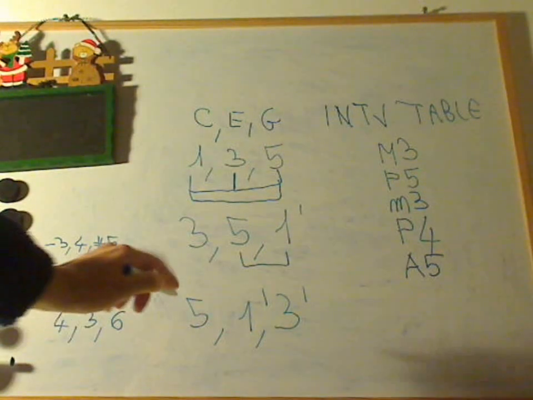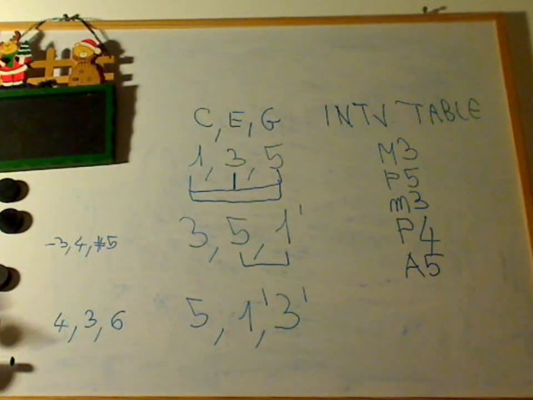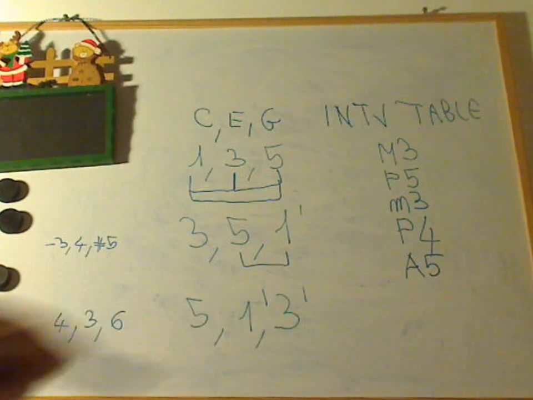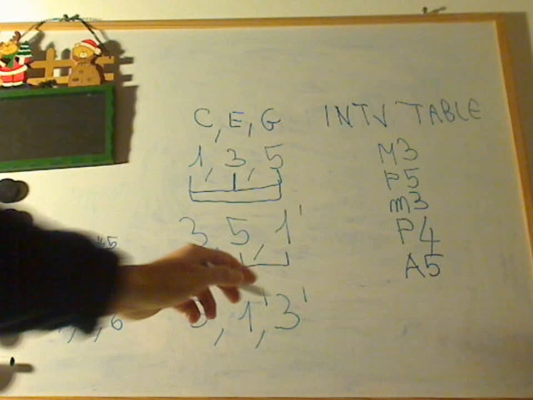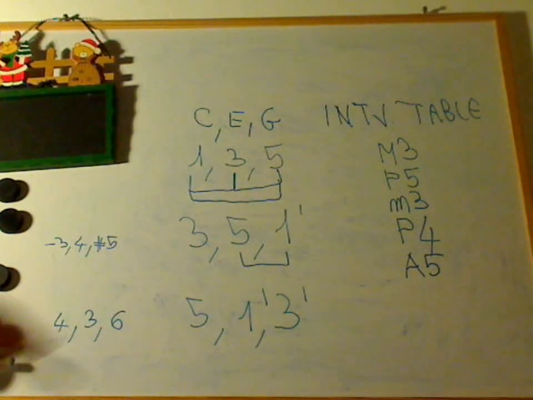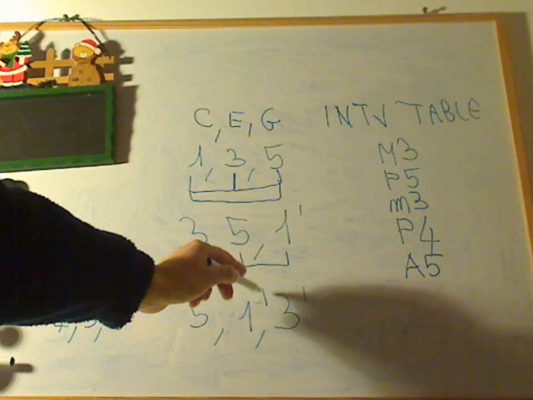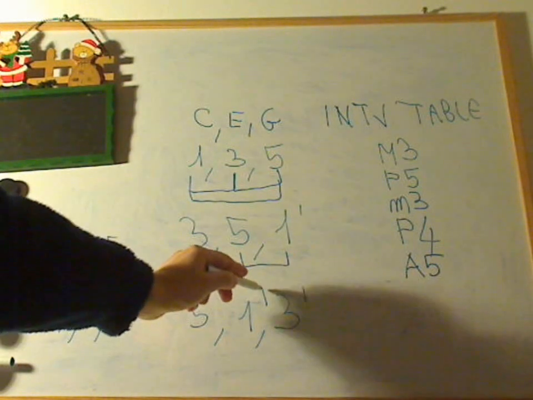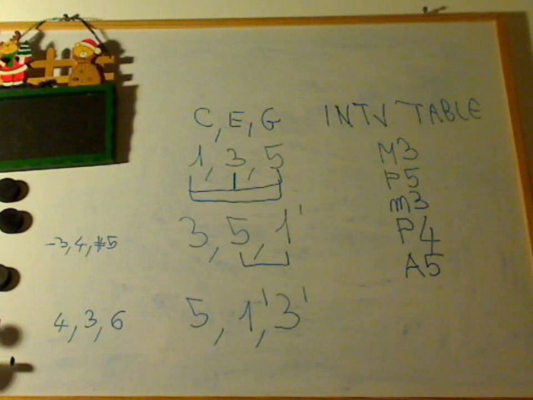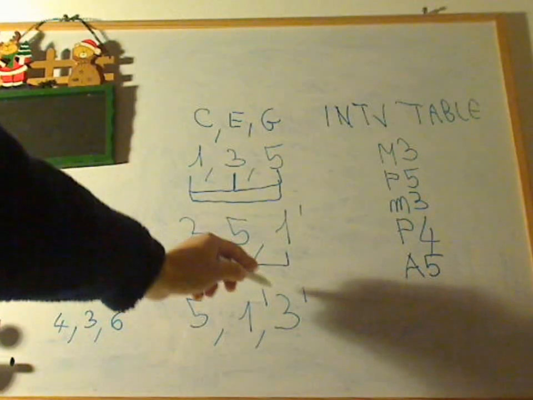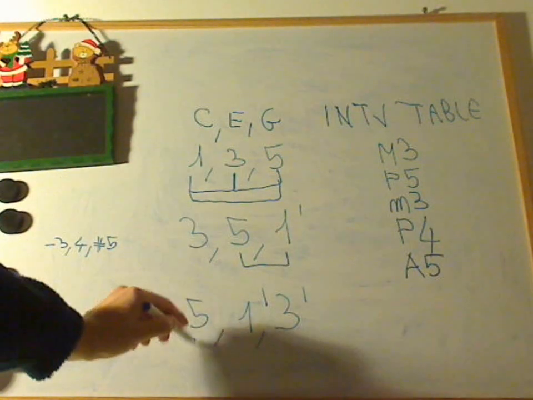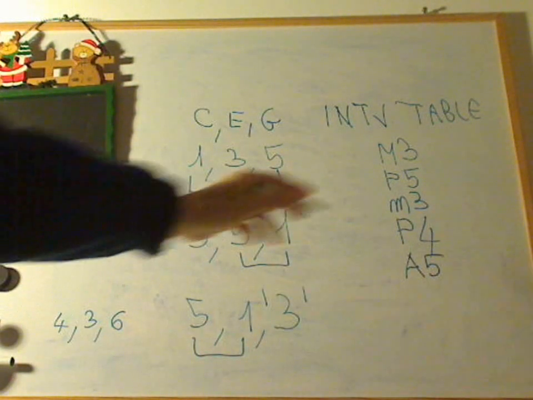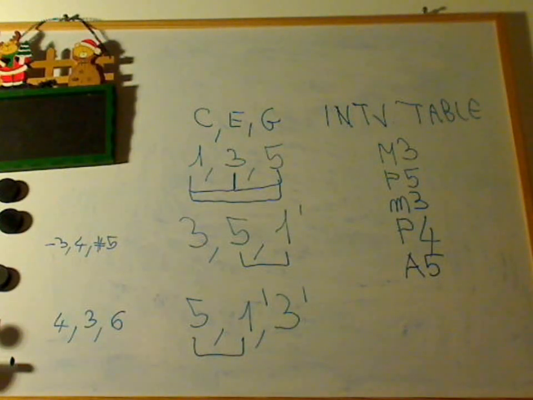So we pass to the second inversion, in which I have the fifth as a bass note. And I have 5, 1, 3, considering that 1 and 3 are an octave up, and I indicated this with this little indication, apostrophe or number, whichever you want. 5-1 is the same as I indicated before.